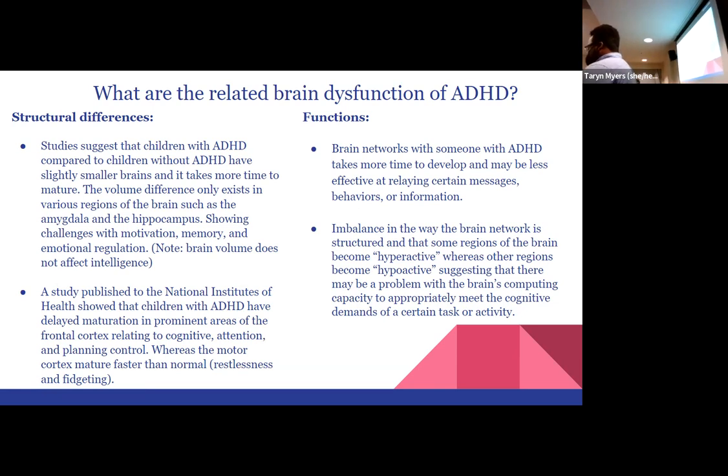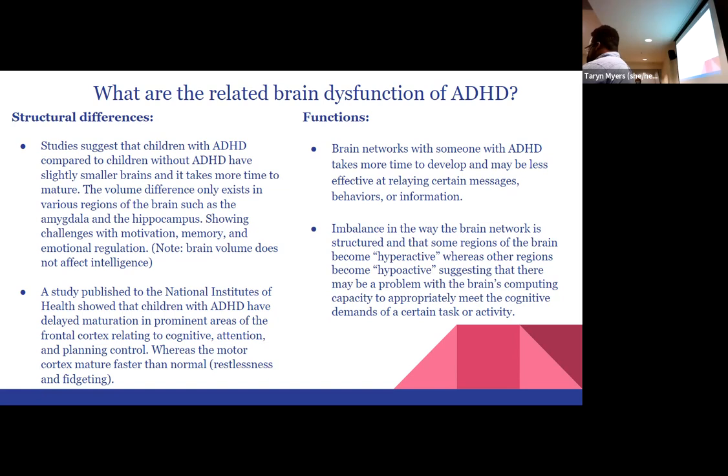A study also published by the National Institutes of Health showed that children with ADHD have delayed maturation in prominent areas of the frontal cortex relating to cognitive, attention, and planning control, whereas the motor cortex matures faster than normal, and that's where you can see the restlessness and the fidgeting.